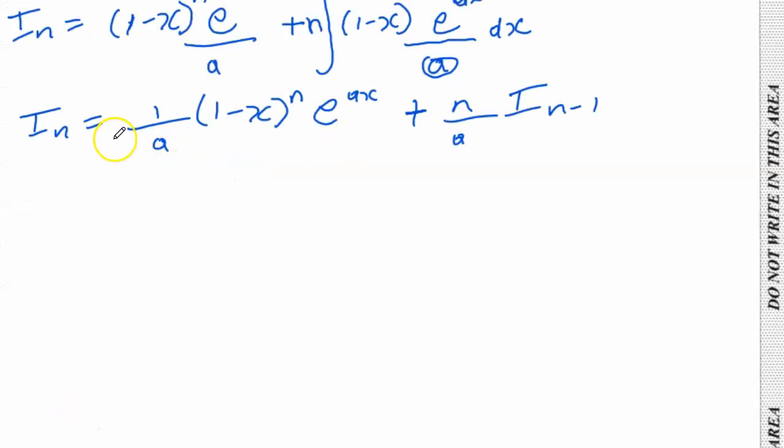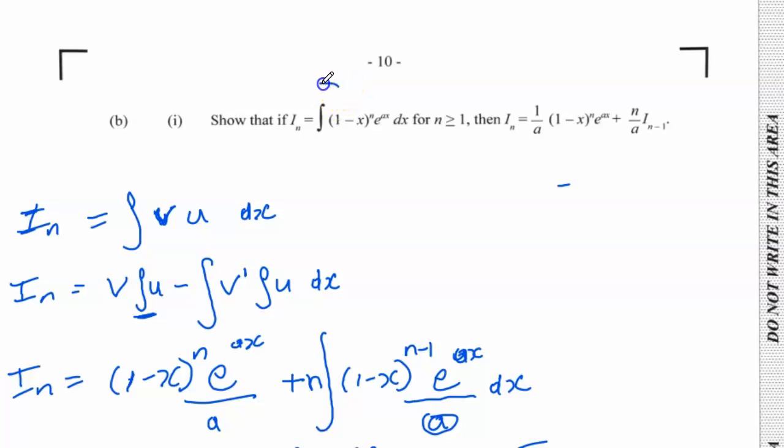Hence determine the integral of 1 minus x cubed e to the 2x. Now if you notice, the n here is 3. So let me just rewrite what In was. So In was equal to this, the original In.